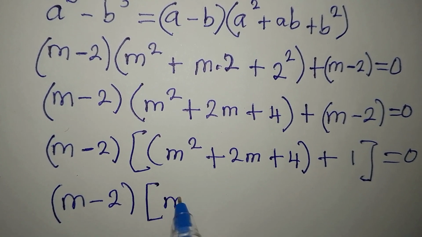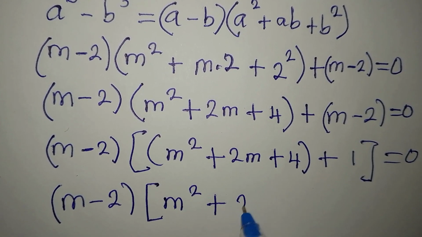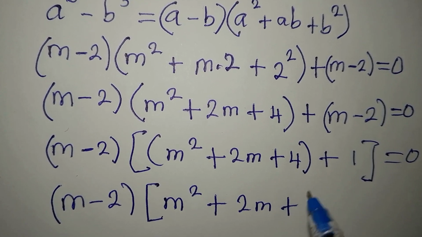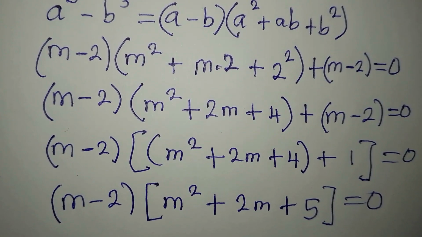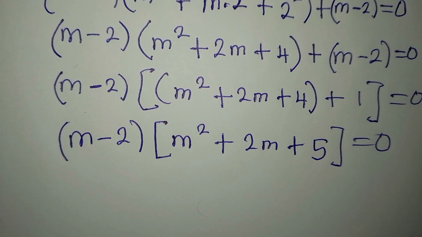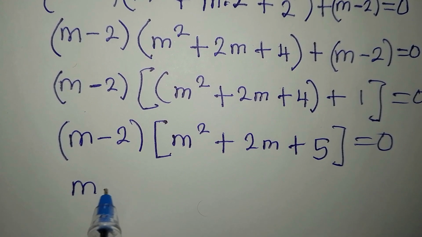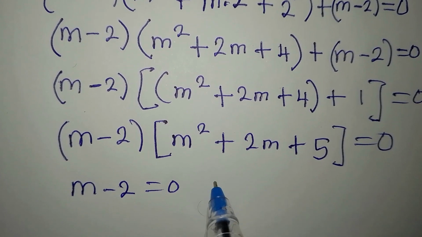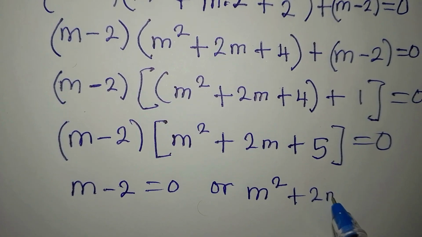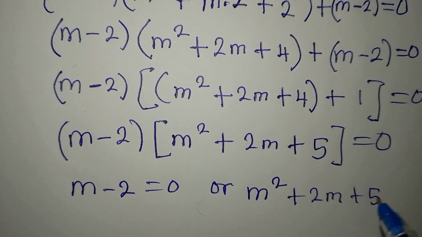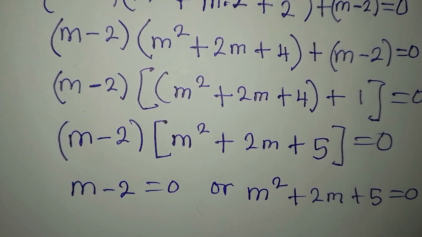In here we have m squared plus 2m plus 4 plus 1 is 5. Then we have 0. Now we apply the zero product rule, meaning that it is either m minus 2 is equal to 0 or m squared plus 2m plus 5 equals 0.